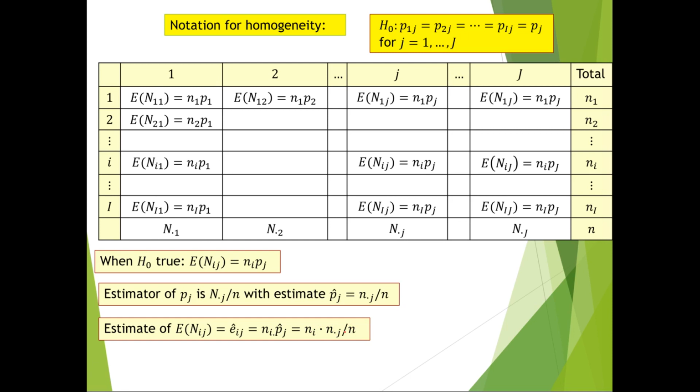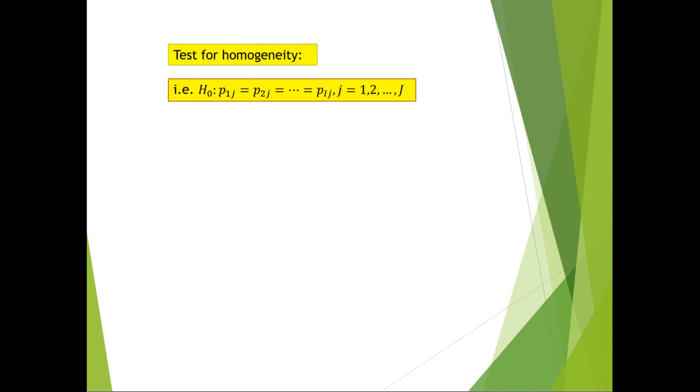And that's it. You will have observed frequencies from your contingency table. In this way, you get your expected frequencies in each cell, and you can test how the expected frequencies compare to the observed frequencies. So here's our test.